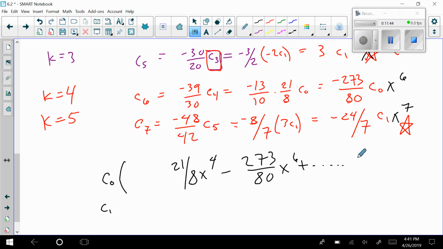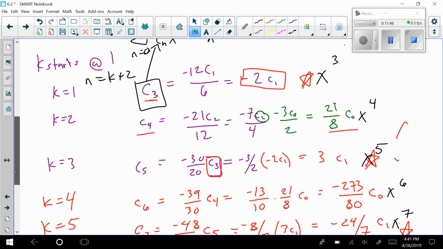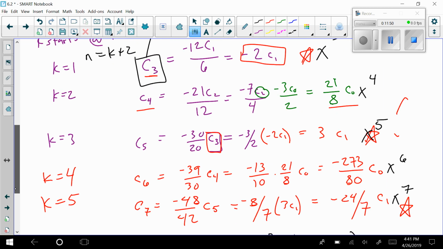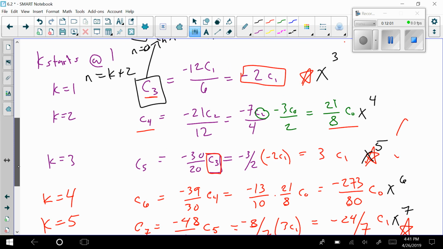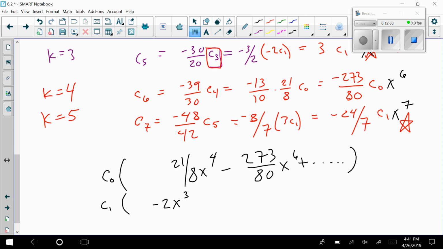And then technically this would keep going, right? So that shouldn't be too far of a stretch. And on C sub 1, I got a negative 2 x to the 3rd. Then my next one would have been that 3, so then I have plus 3x to the 5th minus 24/7 x to the 7th. And then technically this would continue.